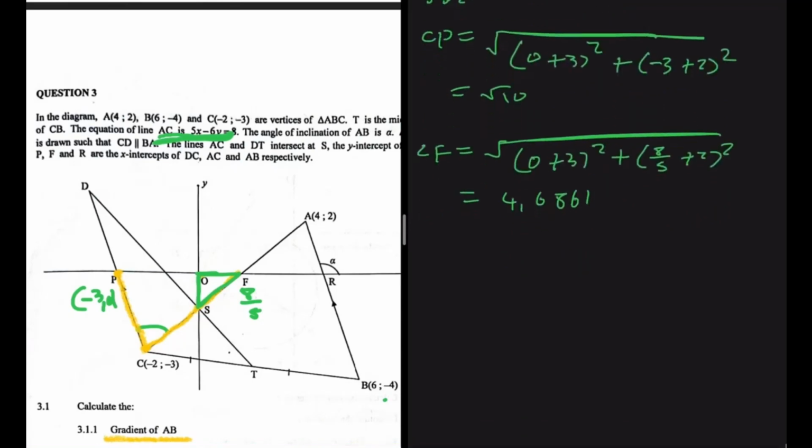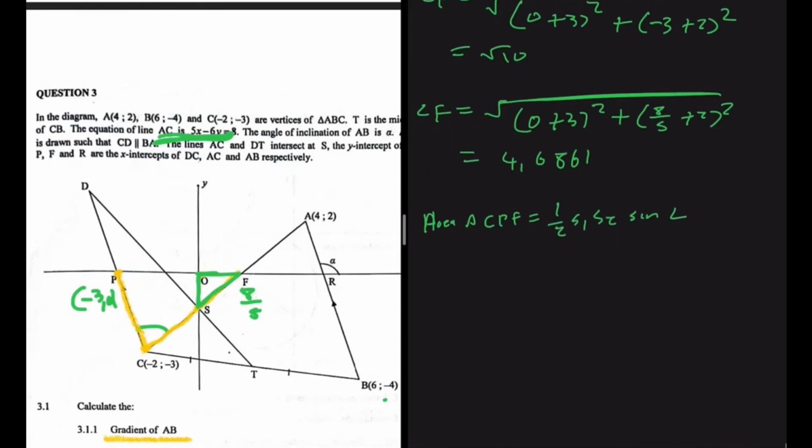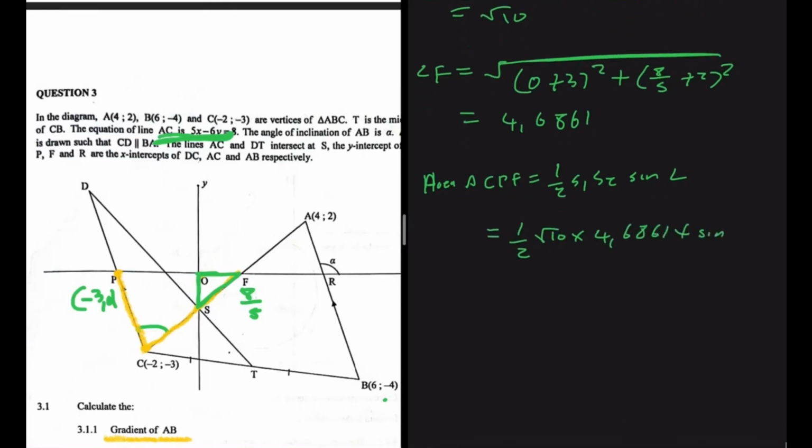So now we can say that the area of triangle CPF is equal to a half side 1, side 2, and then sine of the angle of the two sides sandwich, right? So that will be angle DCA. So the area of CPF will be square root of 10 multiplied by 4.6861 multiplied by sine of that angle.